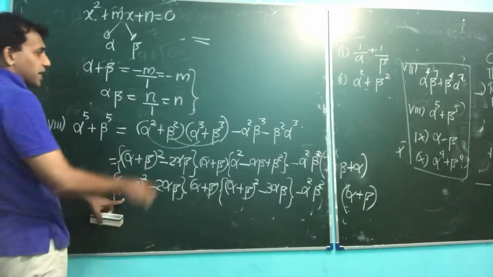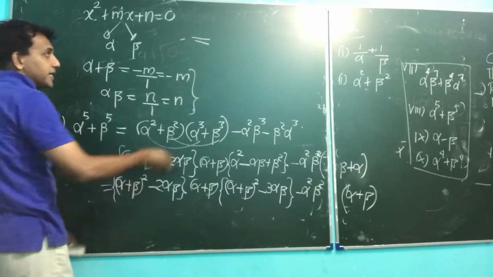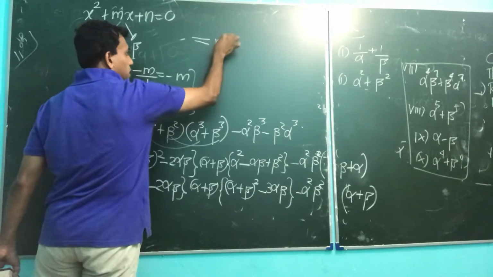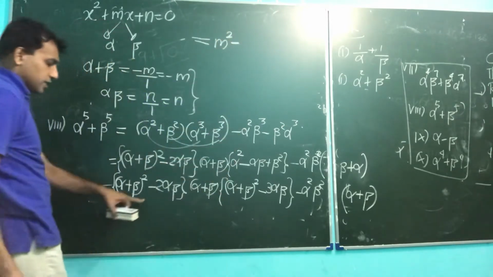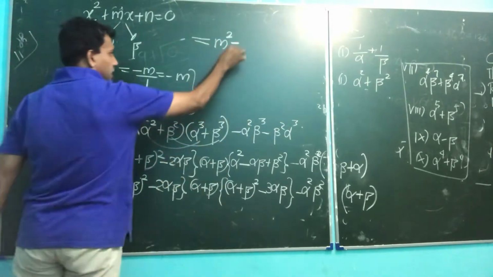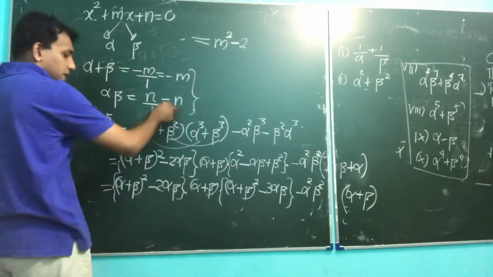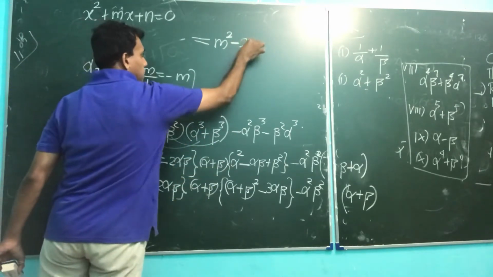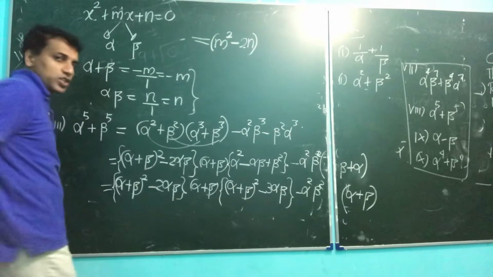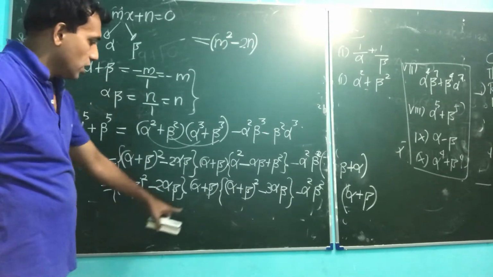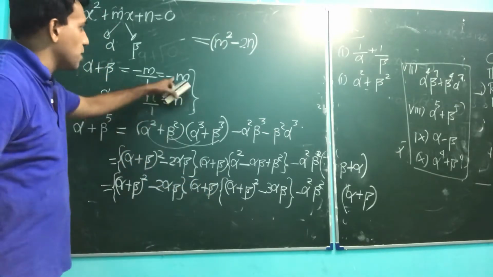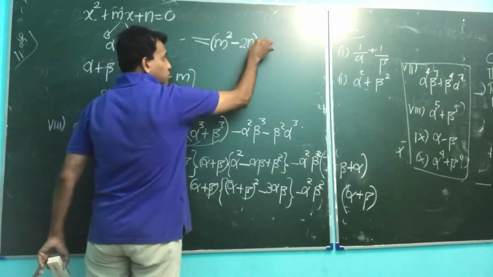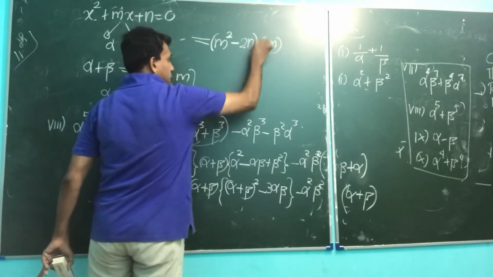Alpha plus beta is minus m, squared is m square, minus 2 alpha beta, that is 2n. This is part of the answer. The other bracket, alpha plus beta, minus m, right? Other bracket, other answer.